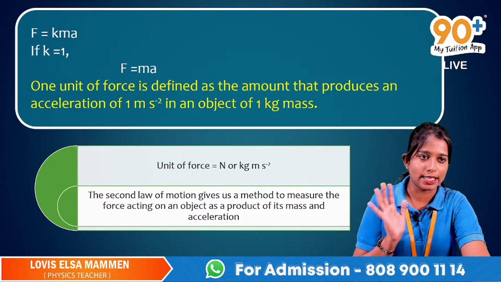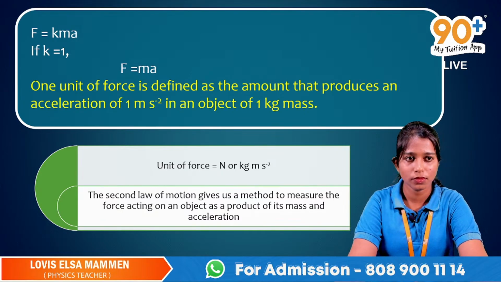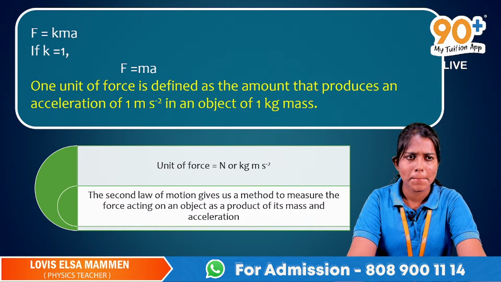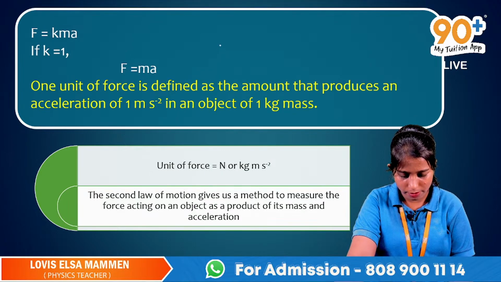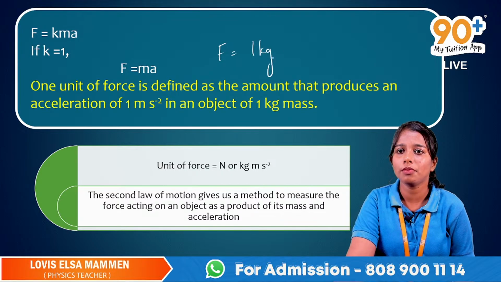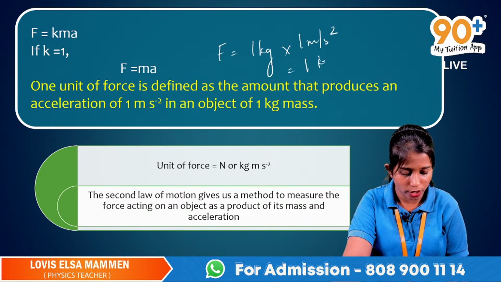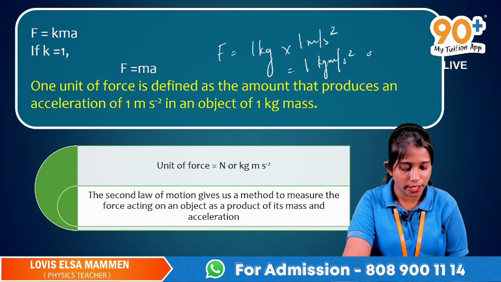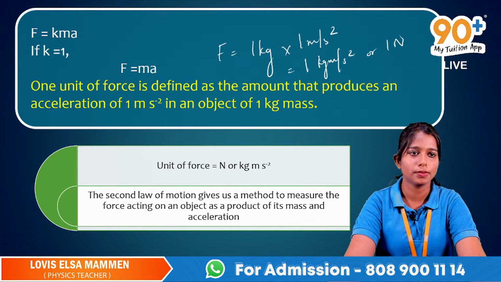F is equal to m into A. 1 Newton is, if the object has got 1 kilogram mass and produces an acceleration of 1 meter per second square, F is equal to 1 kilogram meter per second square, or it is 1 Newton. The definition is written here.